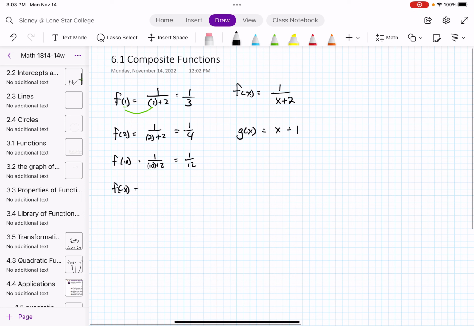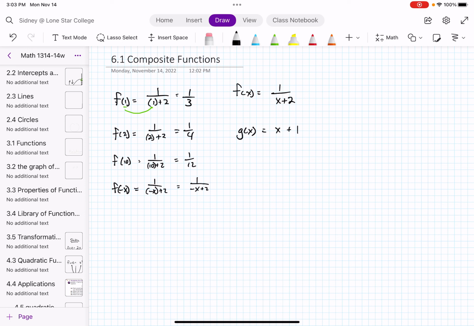So if you think back to when you learned about symmetry, and you learned about odd and even functions, we would plug in negative x sometimes. And so I would have 1 over negative x plus 2. And that doesn't actually become something nice and neat. It's just 1 over negative x plus 2.